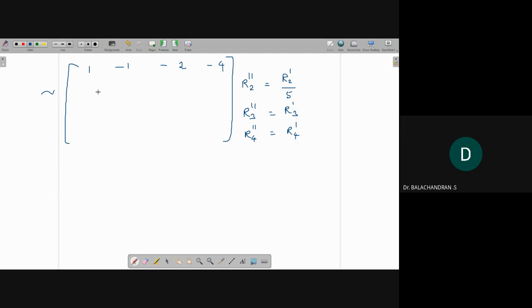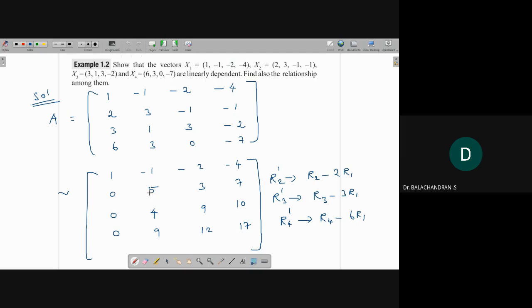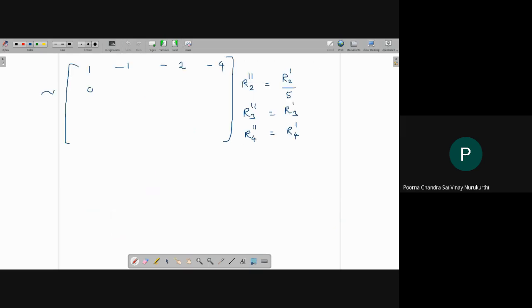Okay. So now please tell, if you divide by 5, you'll get 0, 1, 3 by 5, 7 by 5. Then 0, 0, 4, 9, 10. Last row, 0, 9, 12, 17.